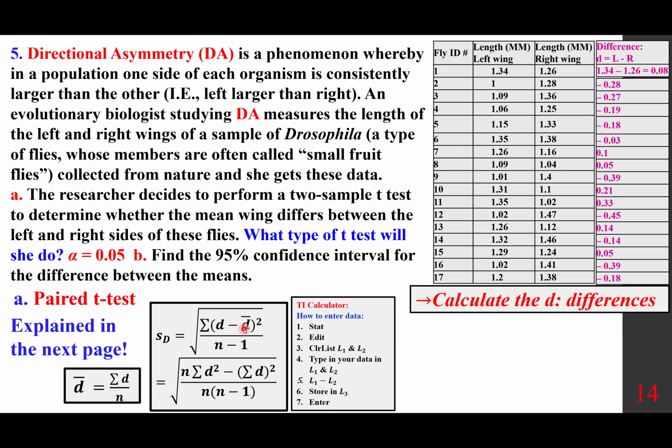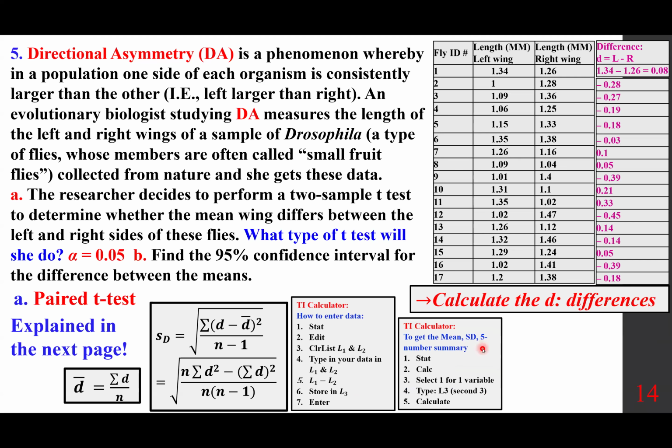If we run the calculator process, STAT, Edit, we're going to clear both lists, L1 and L2. We put this in L1, this in L2, and we are interested in L1 minus L2. That gives us the third column, the D column, and we store it in L3.